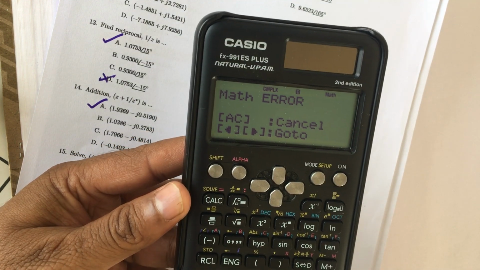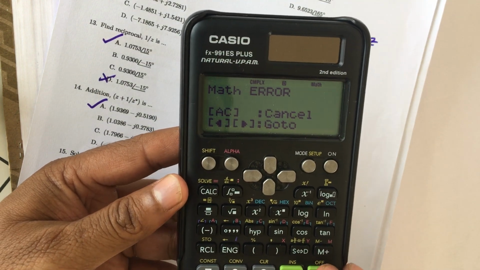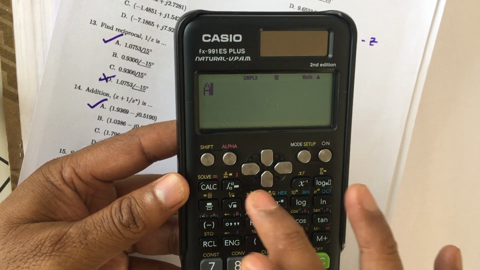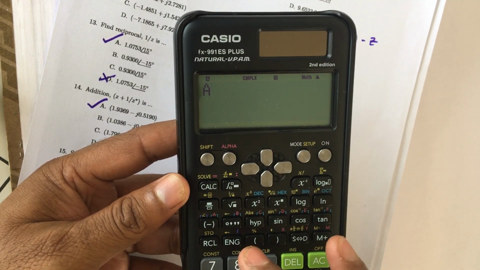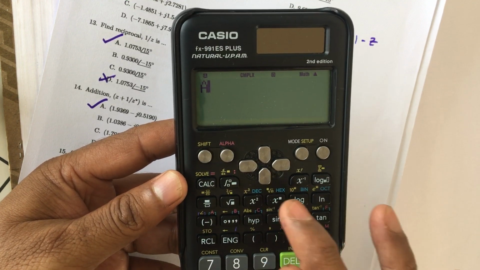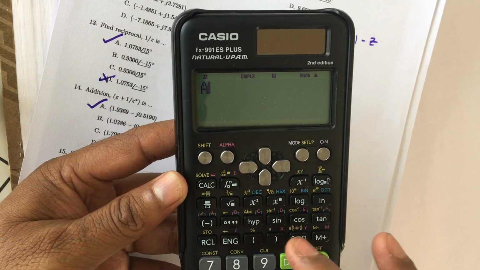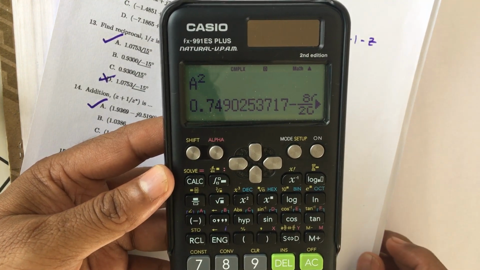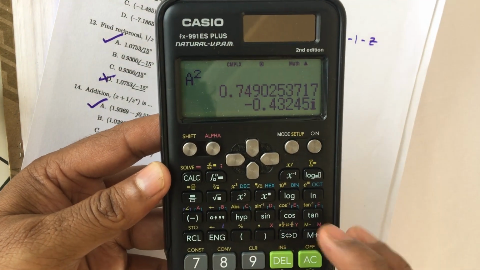It shows a math error, I think because it might be too much to the power of 15. Let's do one thing. First I'll do a square.